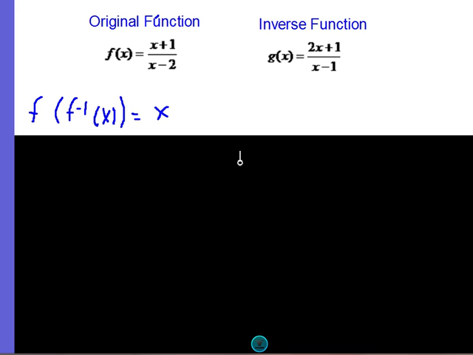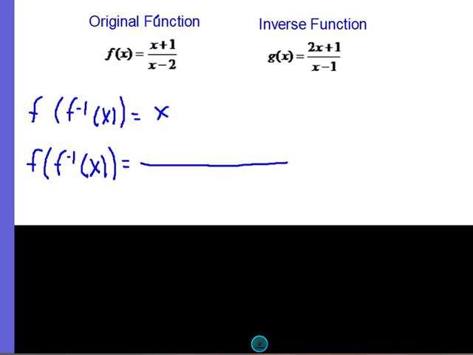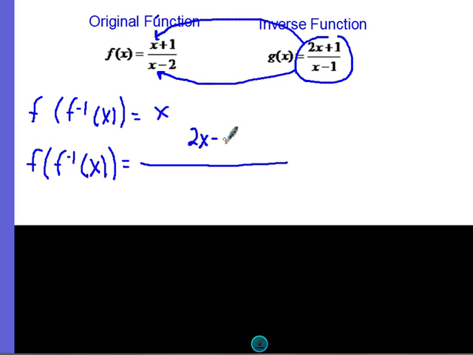So we'll have to use some fraction math here to prove that this function here is the inverse of this function. Okay, so the first thing we have to do is take our inverse function, 2x plus 1 over x minus 1, and stuff it inside of this function. What that means is substitute or replace the function everywhere you have x in your original function. So that means take 2x plus 1 over x minus 1.